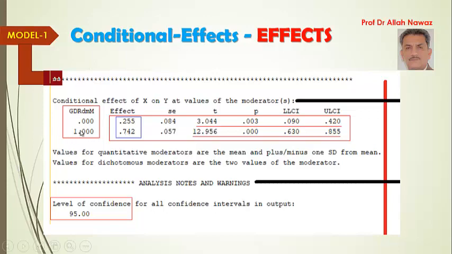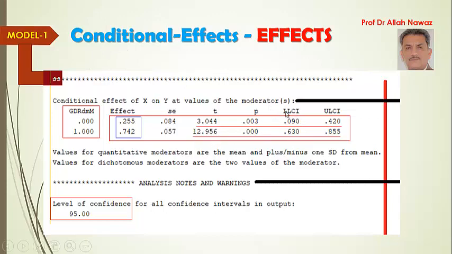And second, when the model is used for male respondents, the effect goes from 0.255 to 0.742, which is huge and far greater than the score given by the female respondents. The result is significant with a t-score of 12.96, which is far greater than 1.96.